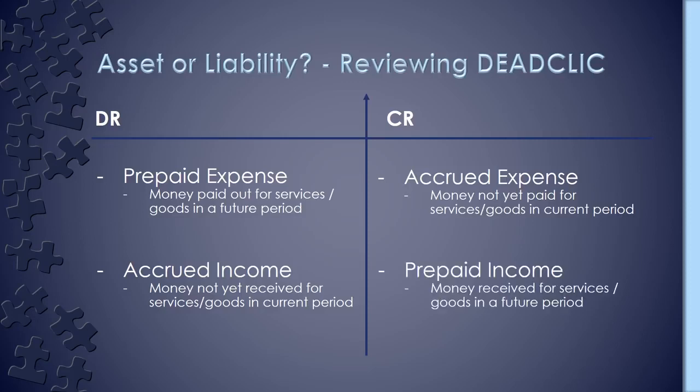And then finally, we have prepaid income. So a customer's paid us in advance, we're doing a contract for them, perhaps it doesn't start until the month after they've paid. So this actually becomes a liability because we haven't earned that income yet.